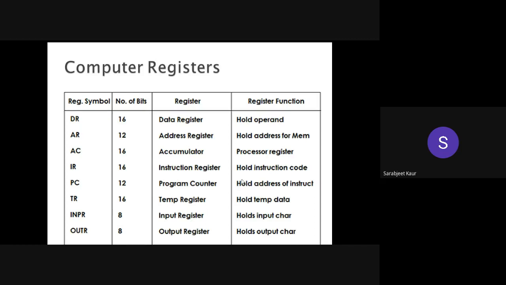It accepts a character from the input device. We are saying a character here because the length of our input register is only 8 bits, and 8 bits generally correspond to one character in most programming languages. So one character is accepted from an input device into the input register, and then that is passed on to the accumulator.